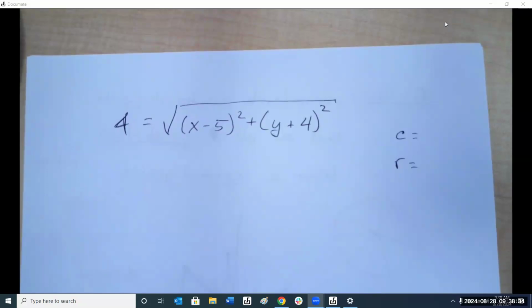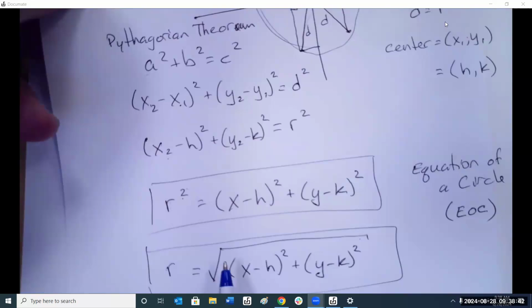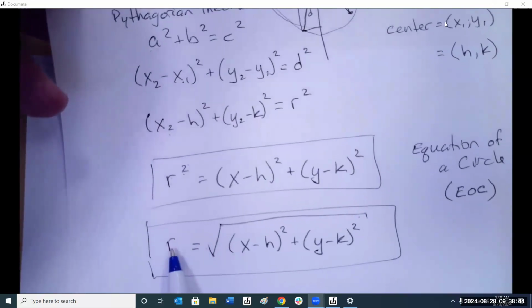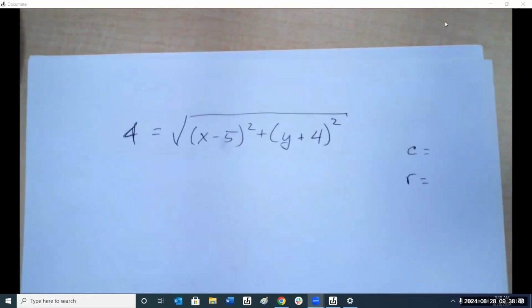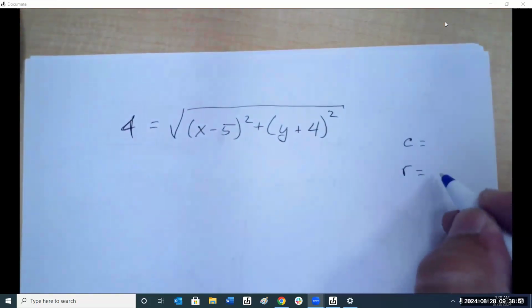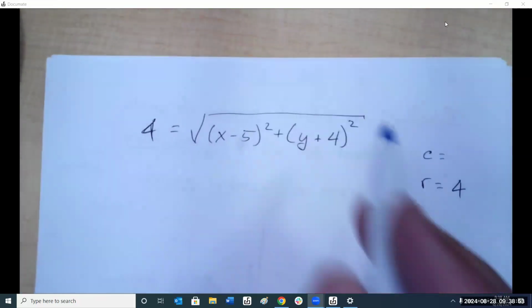Is what? 4. Why would it be 4? Because remember, if there's a square root there, then the radius is what the radius is. You're right, if there was no square root, then it would have been 2. But the radius is 4, since there's a square root on that side.